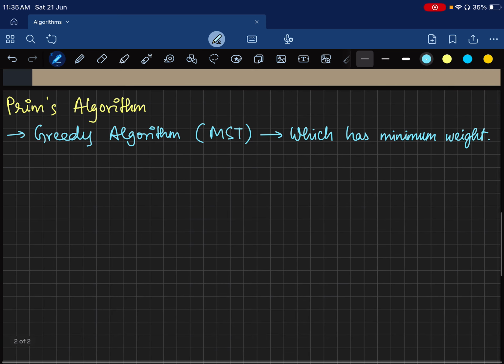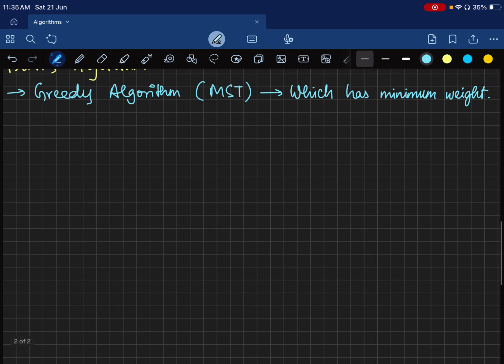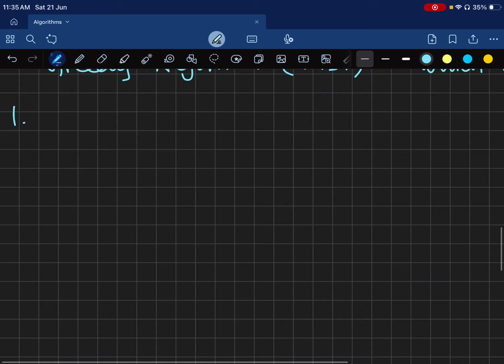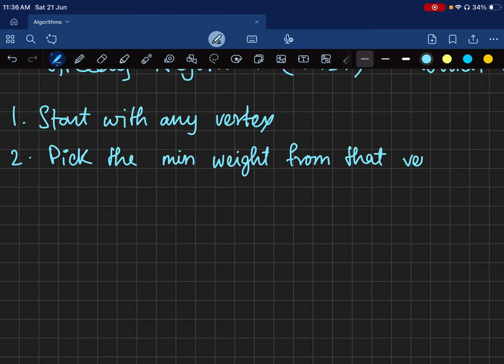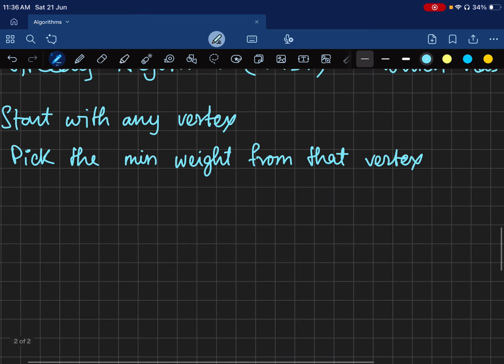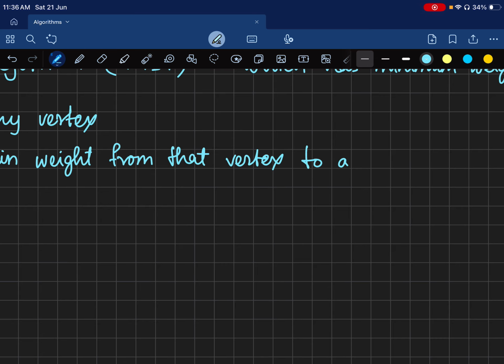Okay, so in Prim's algorithm, there are primarily four steps. Step one is to start with any vertex. Step two, pick the minimum weight edge from that vertex to a nearby vertex, or you can say to a neighbor vertex.